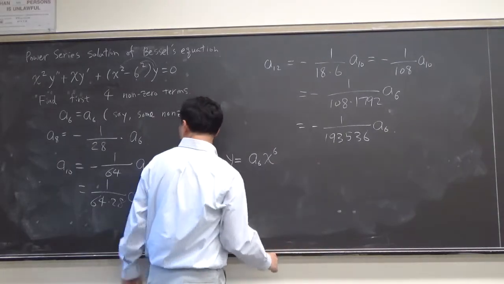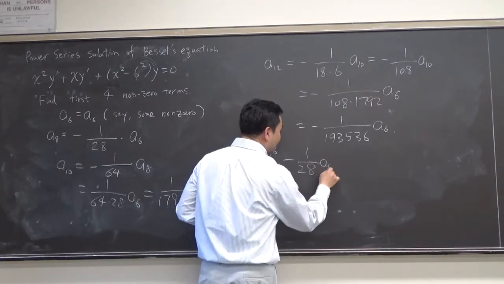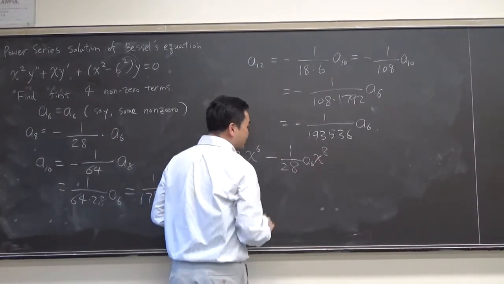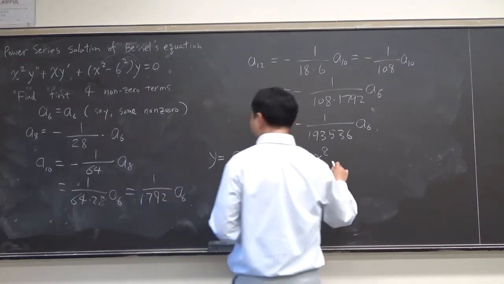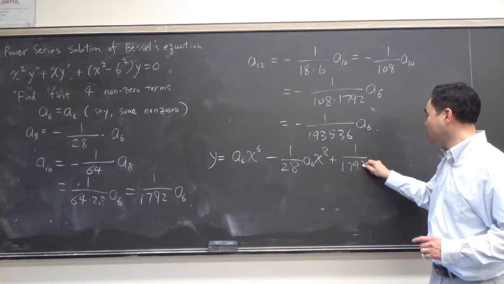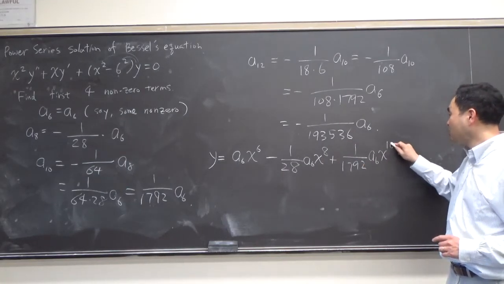And then A8 is minus 1 over 28, A6 x to what power? 8th power, right? And then the next one is plus 1 over 1792, A6 x to the 10th power.